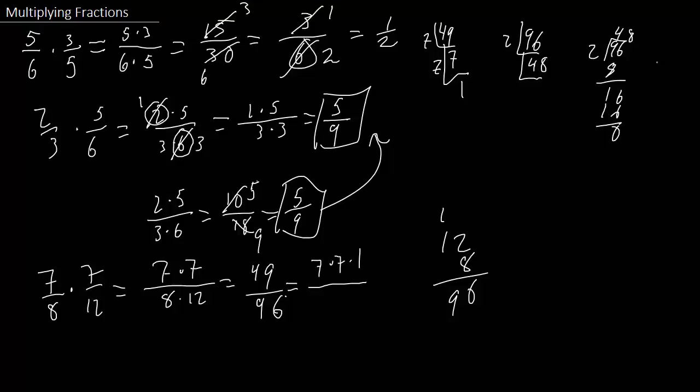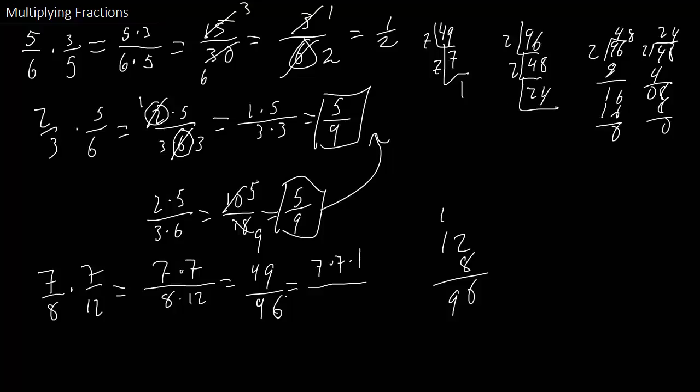48 is an even number. So we know that 2 will go into it. So 48 divided by 2. 2 will go into 4 2 times. 2 will go into 8 4 times. 2 times 4 is 8. 0. Okay. 24.